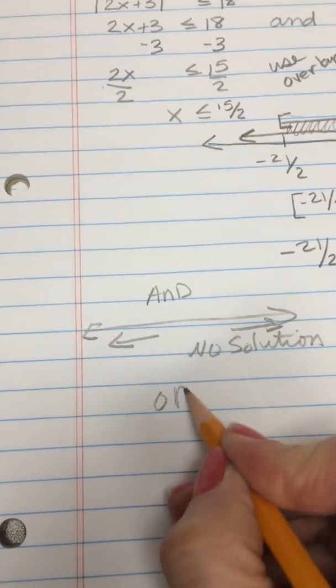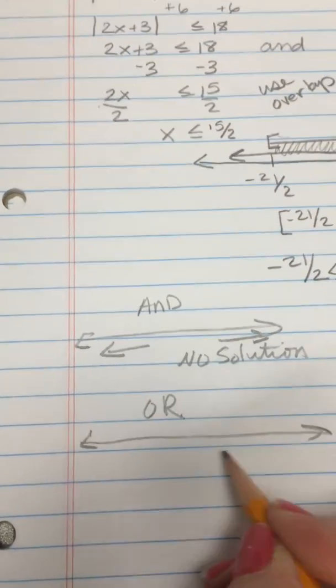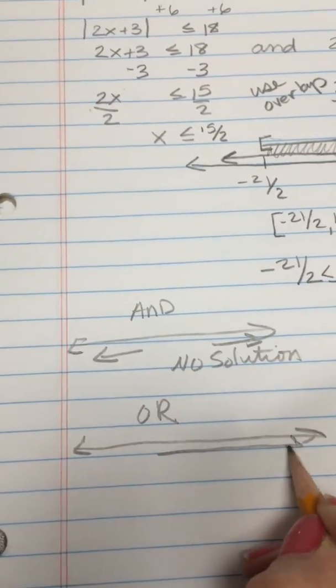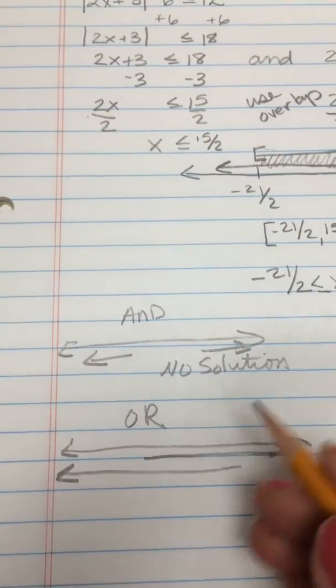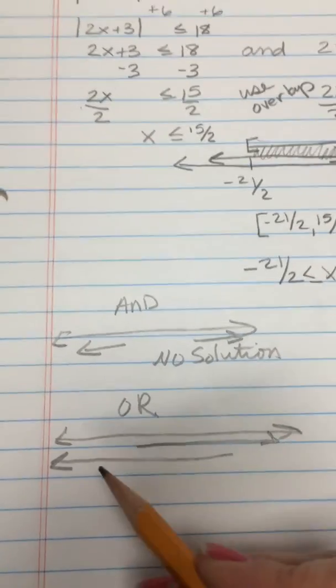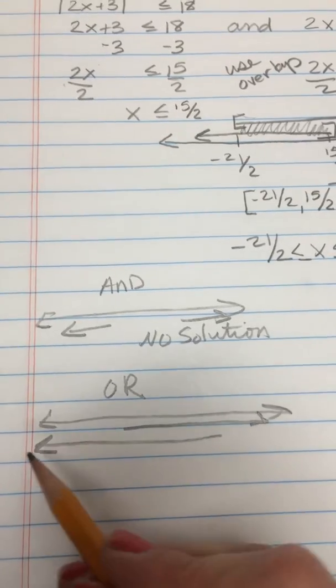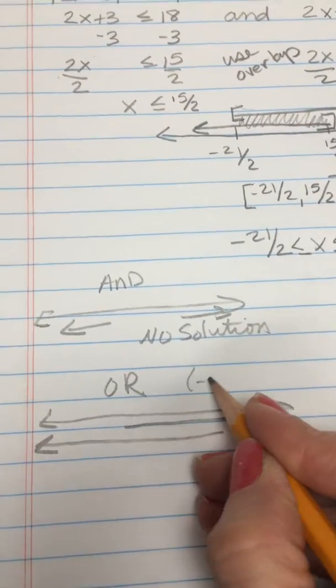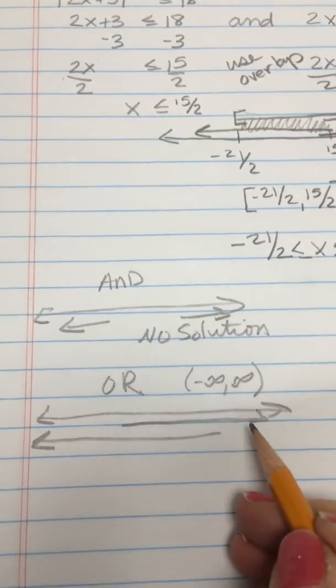If you had an "or" problem, if one went this way and the other went this way, for "or" equations you just have to satisfy this one or this one. And since there is a line everywhere, the solution would be from negative infinity up to positive infinity if the picture looked like this.